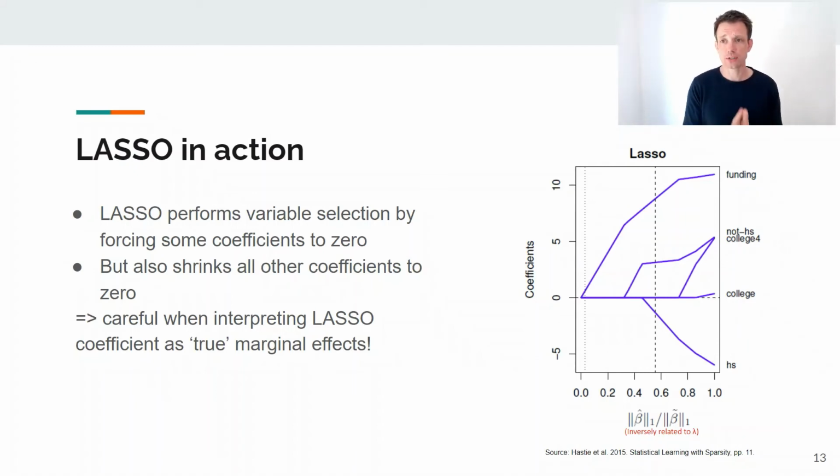Even if these conditions are met, you need to be careful when using Lasso for model selection, because Lasso is not only selecting variables, leading to a sparse result, but because of the regularization, it's also shrinking all variables closer to zero. So that means it's systematically introducing bias in your coefficient estimates.